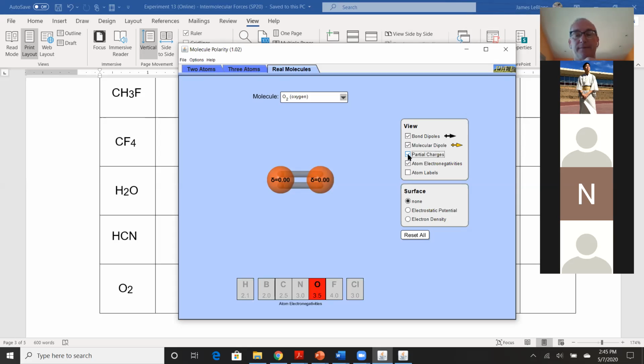My question here, can you force oxygen to become a dipole? We talked about it this morning in class. What are the circumstances in which you could force oxygen to become a dipole? There has to be a higher electronegativity atom.